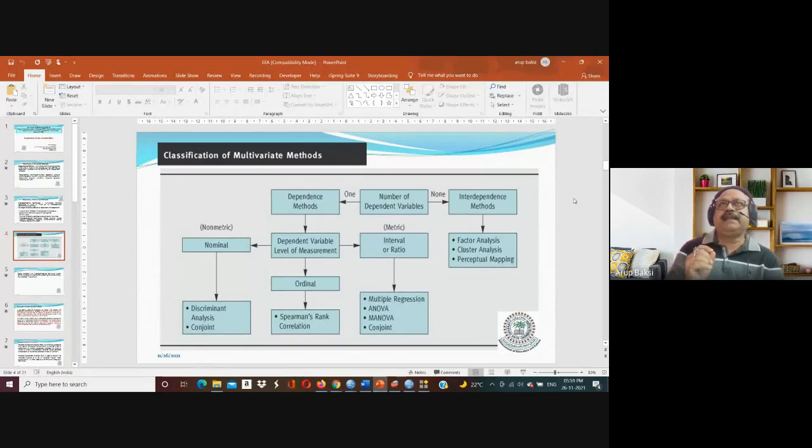One practical example is, say for example, a researcher is interested to develop a scale or to develop a measurement construct. There we are supposed to apply the interdependence method. Or there is an existing scale and the researcher is interested either to expand or to redefine or to reintroduce or to newly introduce certain kinds of factors or dimensions in that particular scale.